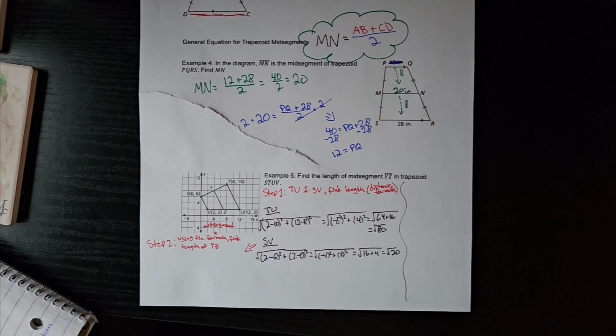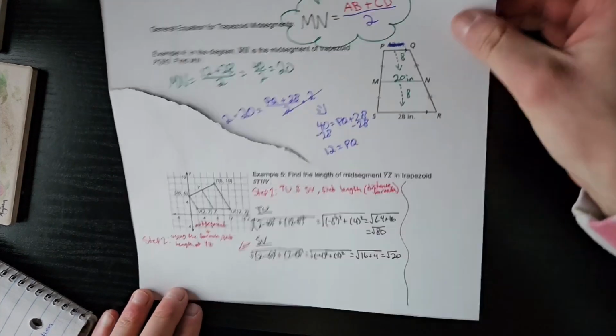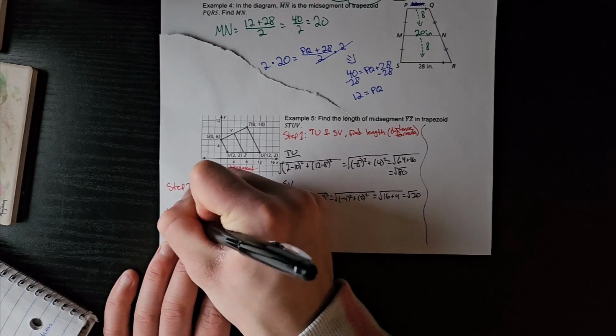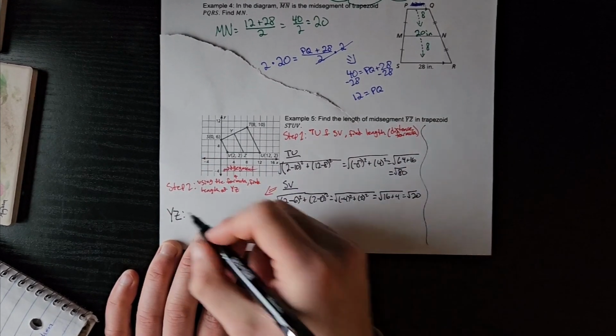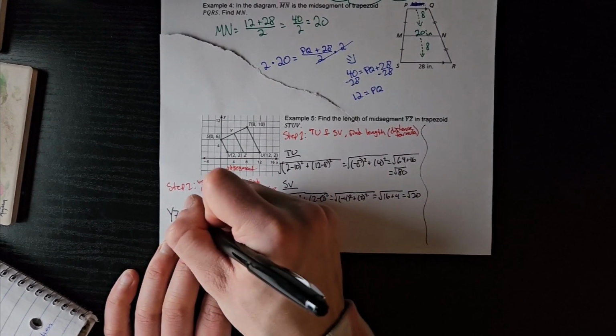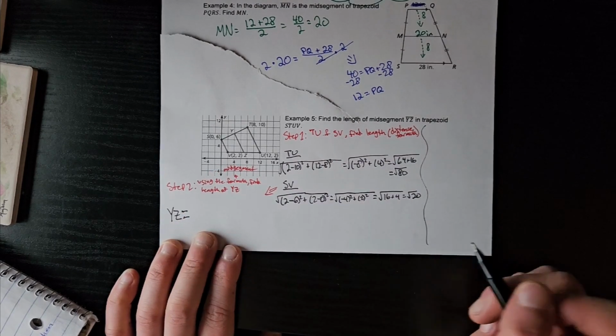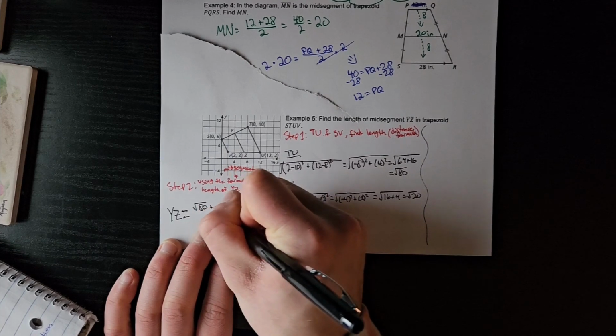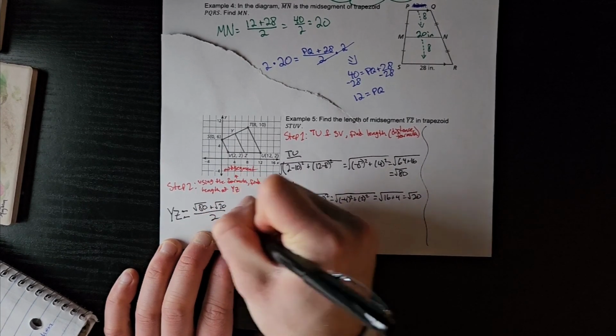All right. So all I'm going to do now is use our mid-segment formula to find what YZ is. So YZ is going, oh, I don't need to put dots right there. I can just do that. YZ is going to be equal to the square root of 80 plus the square root of 20 over 2.